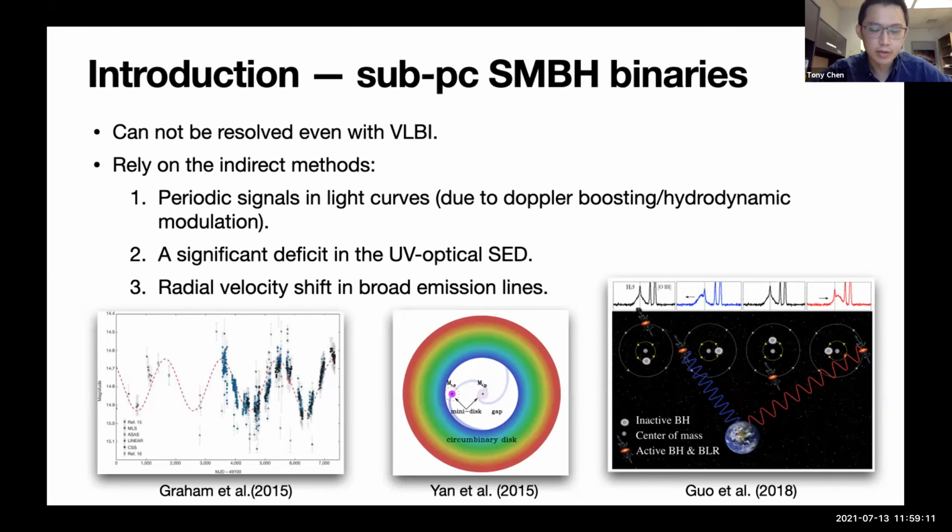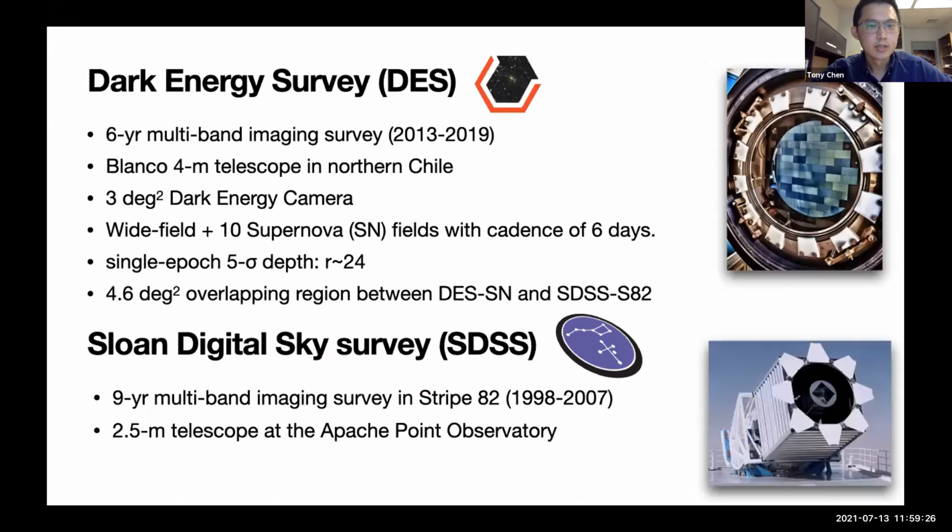In the following talk, I will focus on the periodic signal in light curves, especially those from the Dark Energy Survey and the Sloan Digital Sky Survey. In order to make long enough light curves, we combine two surveys.